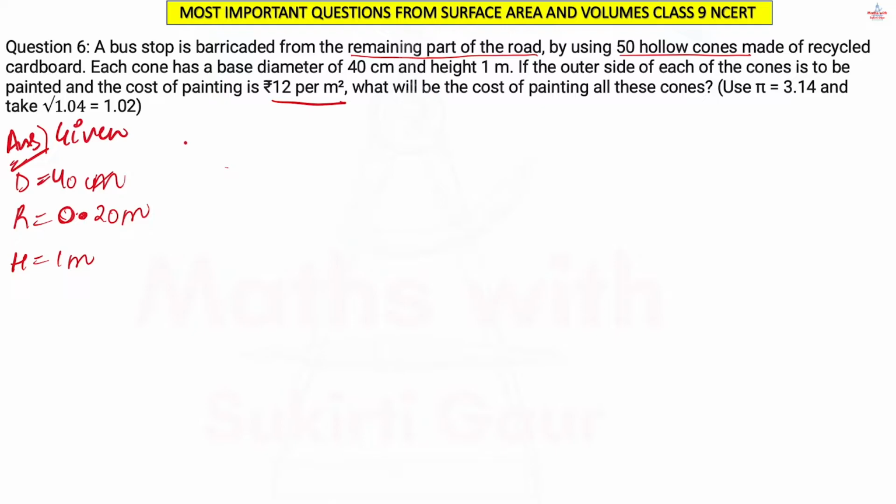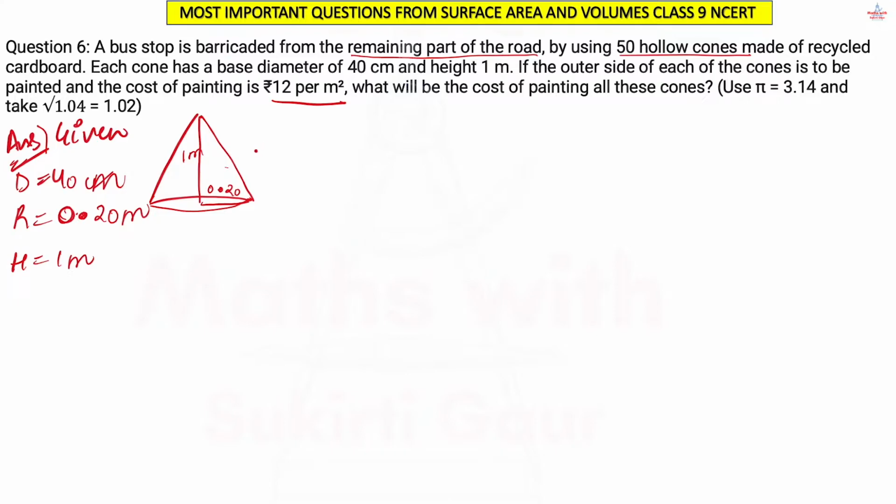So for a cone like this, we have height like this, and we have radius like this, right? Radius here is 0.20 meter and height here is 1 meter.